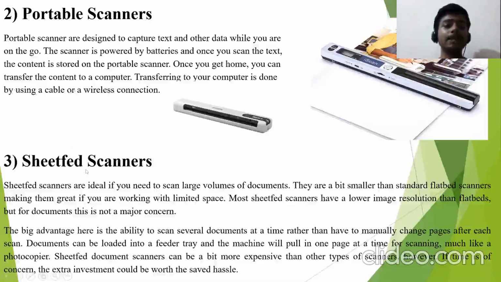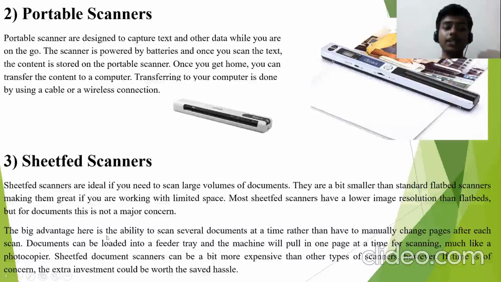Third, sheet-fed scanners. Sheet-fed scanners are ideal if you need to scan a large volume of documents. They are a bit smaller than standard flatbed scanners, making them great if you are working with limited space. Most sheet-fed scanners have lower image resolution than flatbed, but for documents, this is not a major concern.